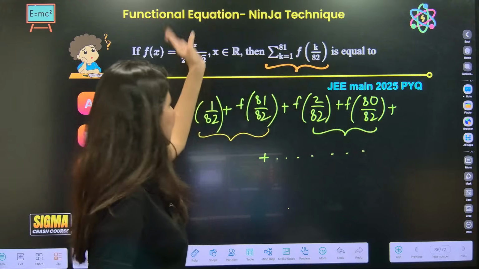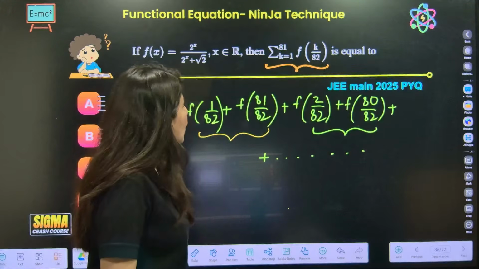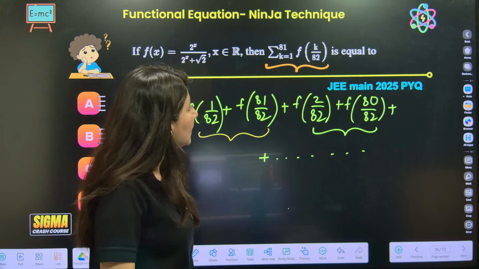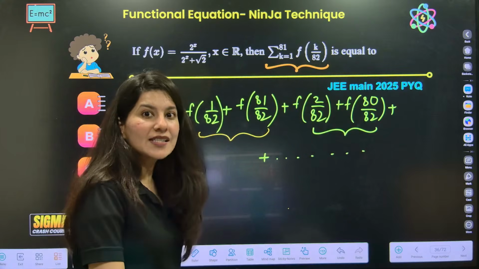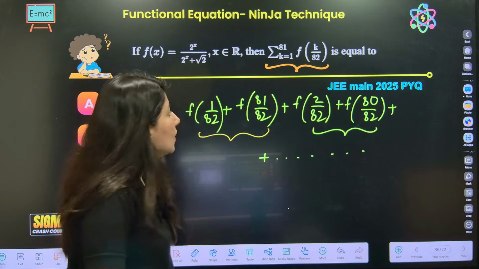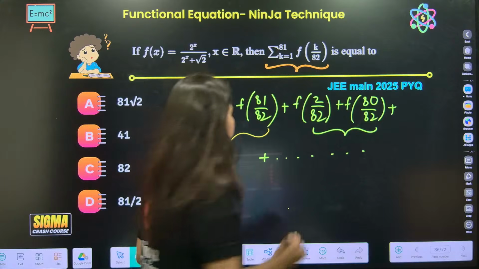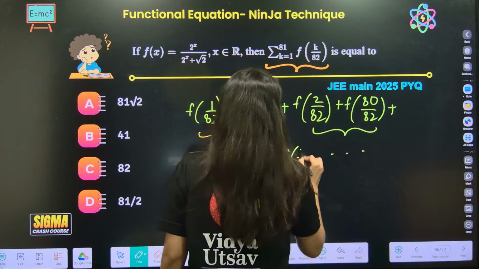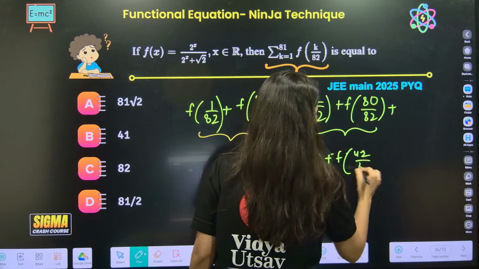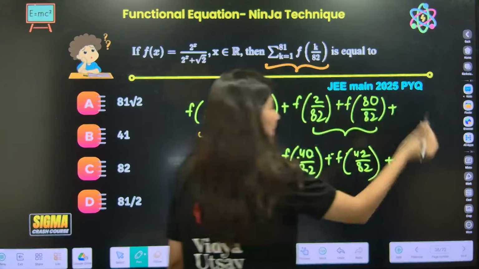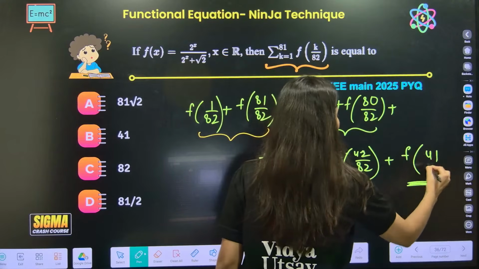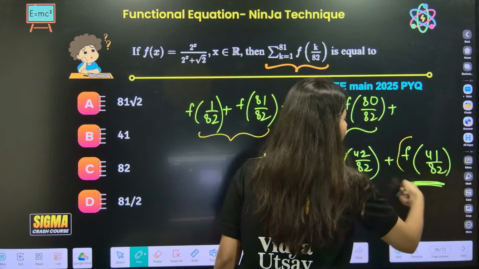First and last, second last, third last. Okay, so you'll be like, okay ma'am, 1 and 81, 2 and 80, 3 and 79, right? So it will be, ma'am, 40 will have a pair, see, f of 40 by 82 plus f of 42 by 82 will also be there. And in the last, there is one term which is left out, that will be f of 41 by 82. This term will have no pair.